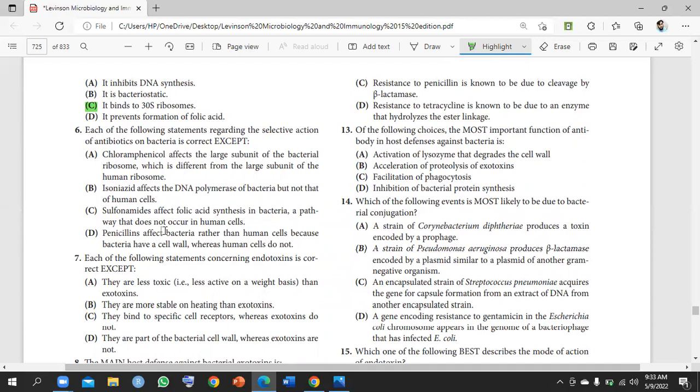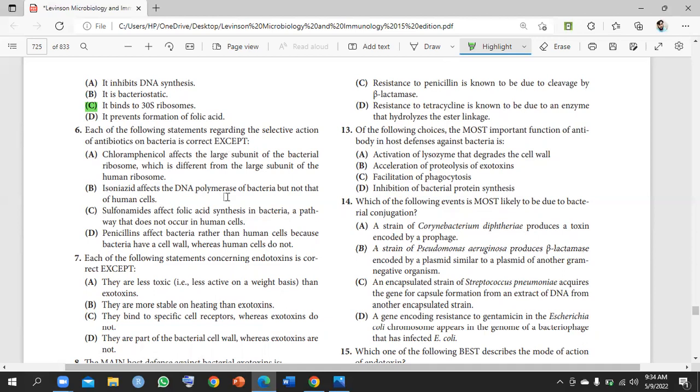Chloramphenicol is an antibiotic, and we all know that it is a protein synthesis inhibitor, and it binds to the 50S ribosomal subunit. Okay, so it does not bind to the human ribosome. So this is not the answer. Basically it is the correct mechanism of action.